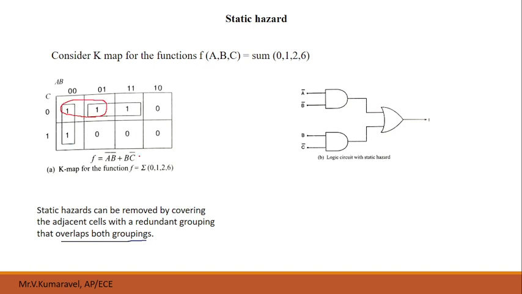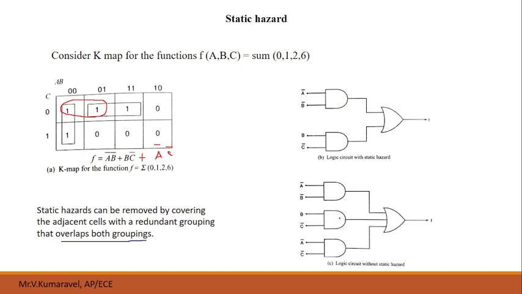If we combine these two, then the function becomes a bar into c bar. Now if you draw a logic circuit for this, we have a bar b bar, b c bar.